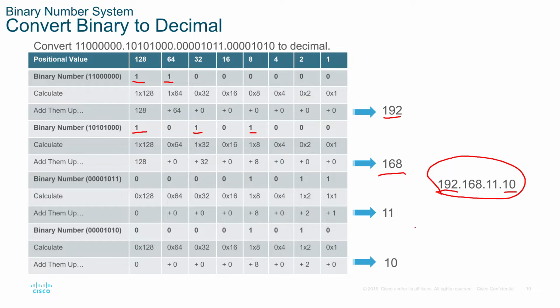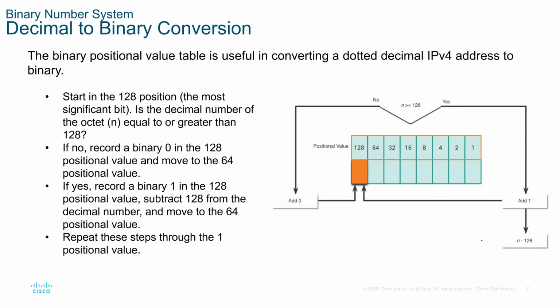So as you can see, we can convert this long binary number to a simplified dotted decimal notation for ease of our use. The computer system or the network still uses the binary value. The binary positional value table is useful in converting a dotted decimal IPv4 address to binary.